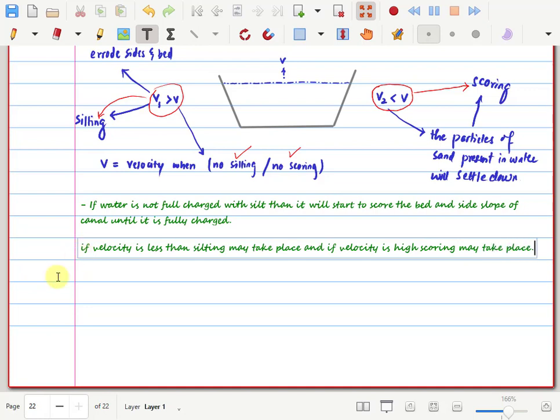Okay, we have already discussed these points, but we are actually revising them here and making notes.